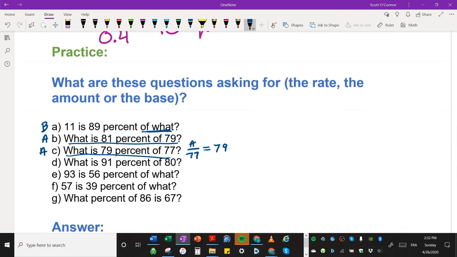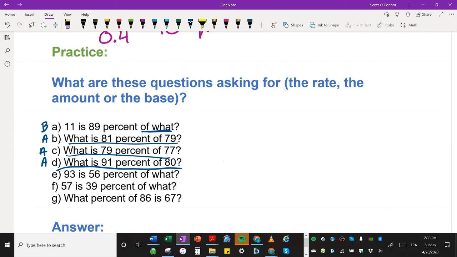You can write here A. And D says, what is 91% of 80? Again, this question is the exact same as the last 3. So with this fraction equals 91% of 80, we're trying to find the amount. We can write A here.